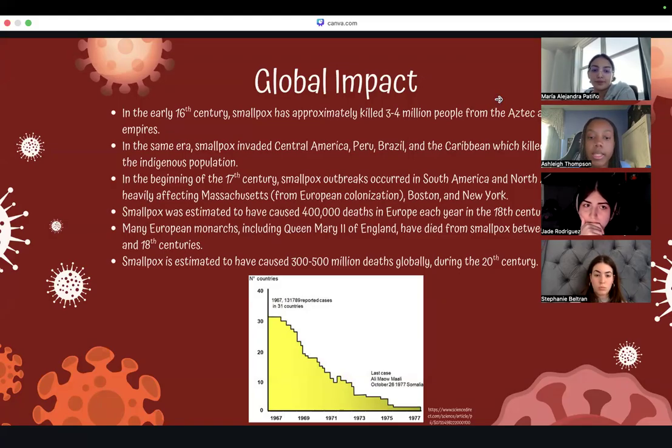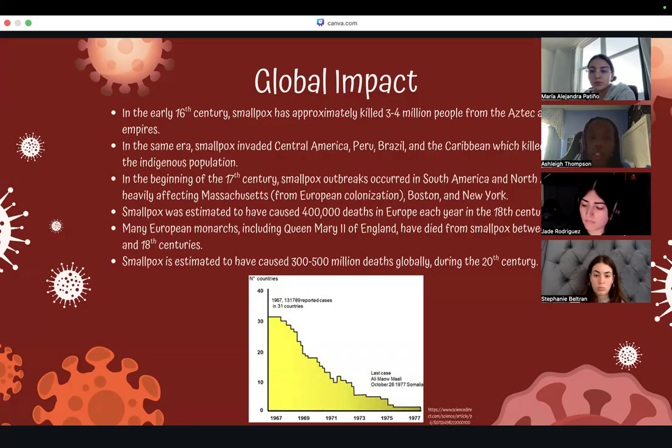Smallpox was estimated to have caused 400,000 deaths in Europe each year in the 18th century, and many European monarchs, including Queen Mary II of England, died from smallpox between the 17th and 18th century. Lastly, in the 20th century alone, smallpox is estimated to have caused 300 to 500 million deaths globally.